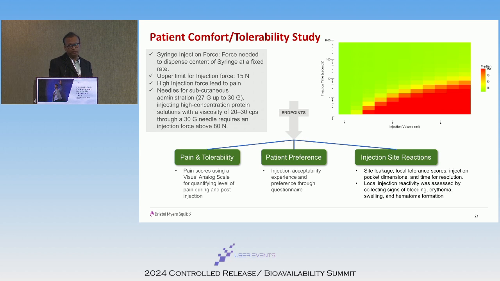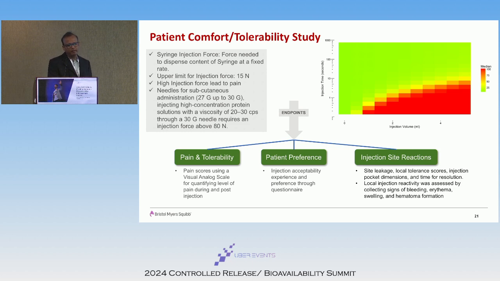We generally use needle sizes from 27 to 30 gauge, and we try to keep the viscosity lower than 20 cP, ideally less than 10 cP for high volume. If the viscosity is 20 to 30 cP and we're using a 30 gauge needle, then as you see here, the injection force can go up to 80 or 100 Newton, which is obviously going to be painful.